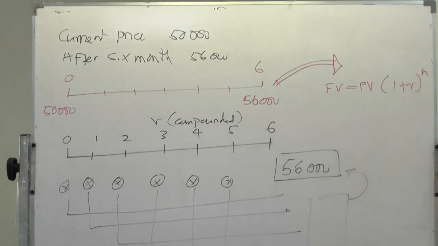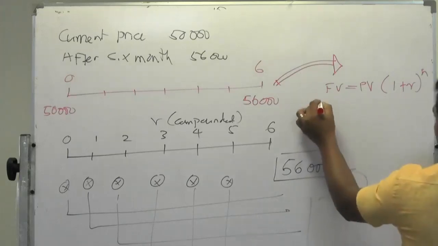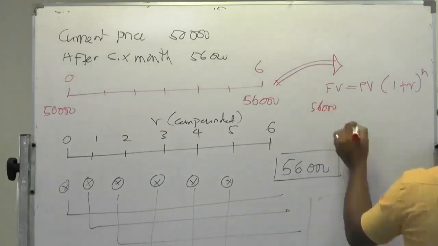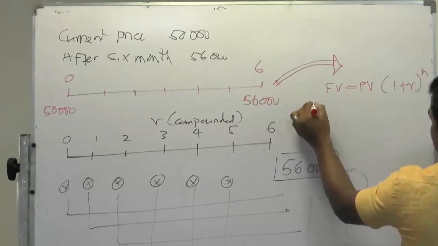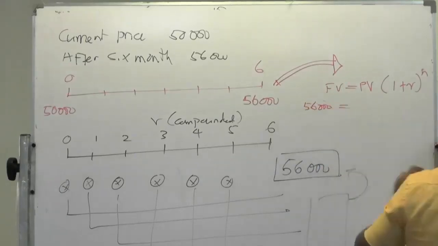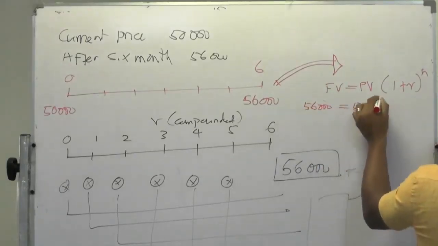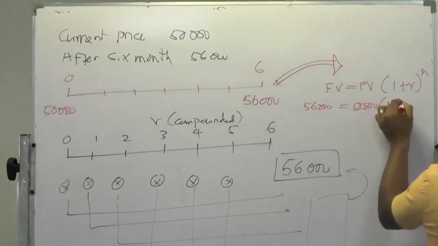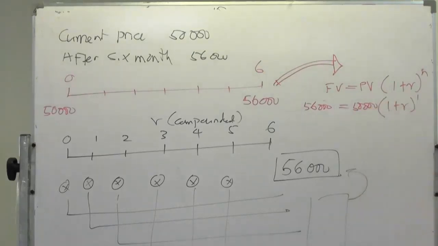Now, assume the 6 month period as one period. The future value is 56,000. Future value 56,000 equals the present value you deposit, 50,000, times 1 plus r to the power 1, only one period, the 6 month period.